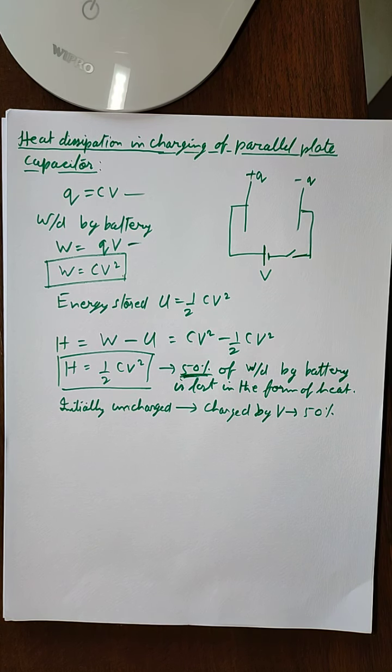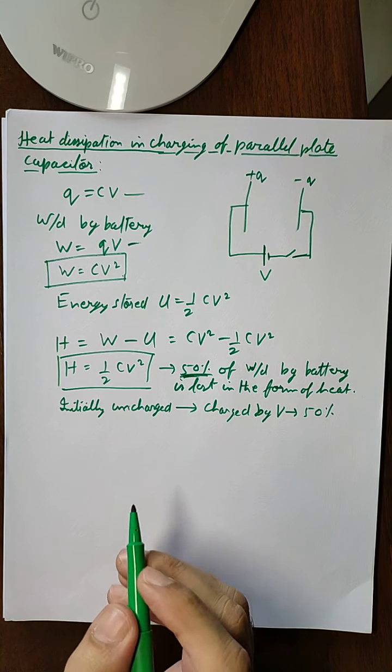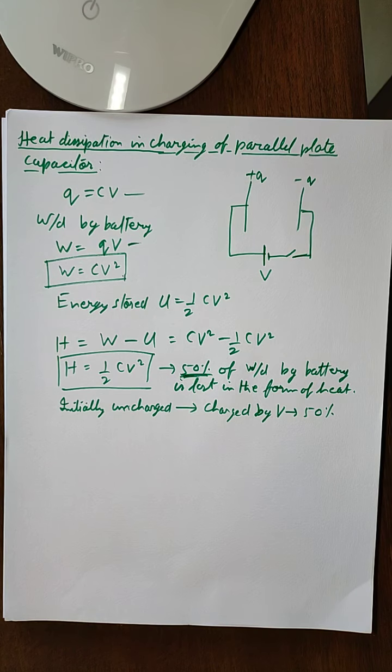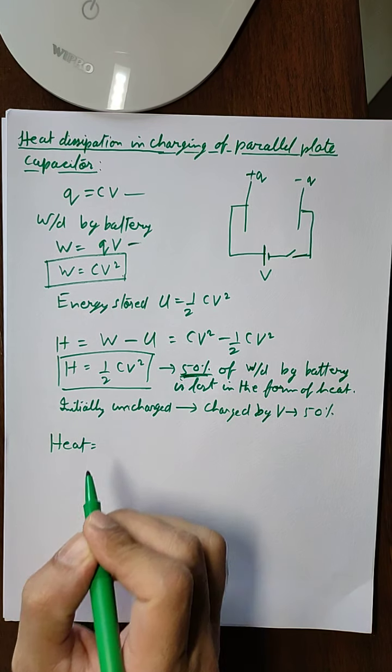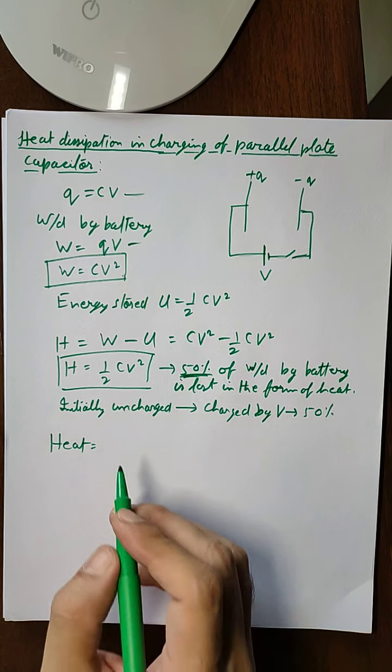Now suppose we have a group of batteries, more than one battery connected and more than one capacitor connected, then the overall heat can be given by a general formula.